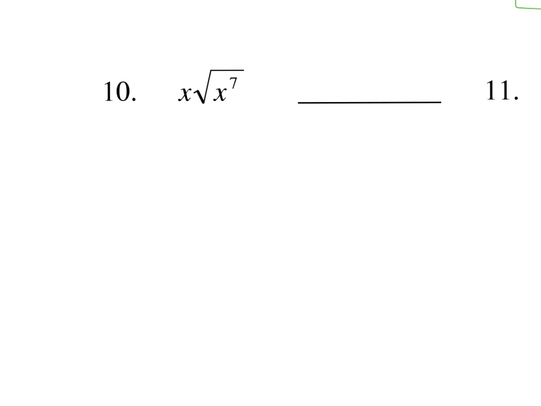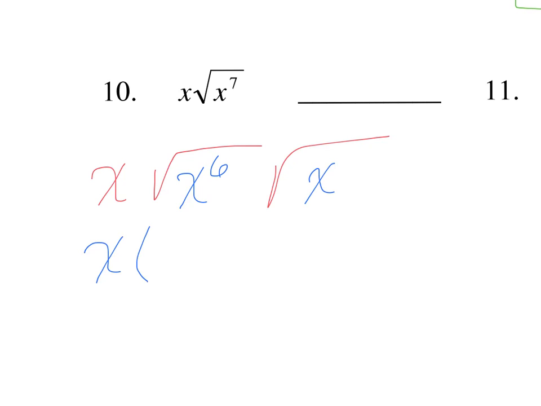On number 10, this x on the outside is just going to hang out for a while. It'll just get multiplied times anything that comes out of our perfects here. This is an odd exponent, so we're going to break it down to be one less, which would be x to the 6, and one extra. Now, this x out here is not doing anything yet.